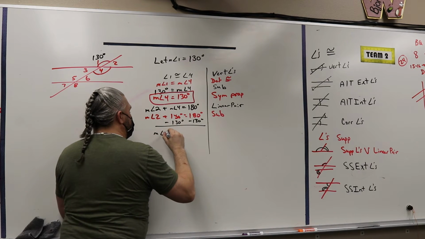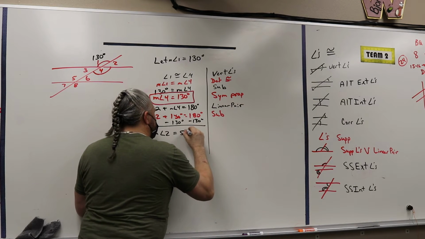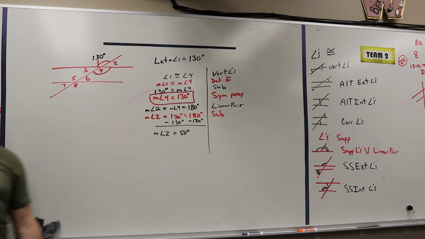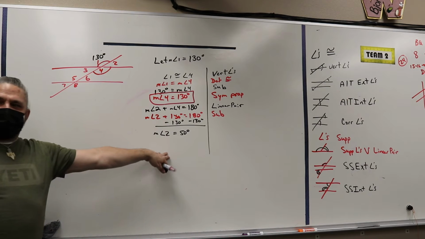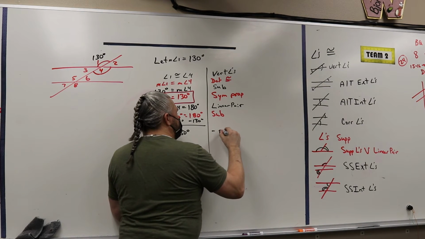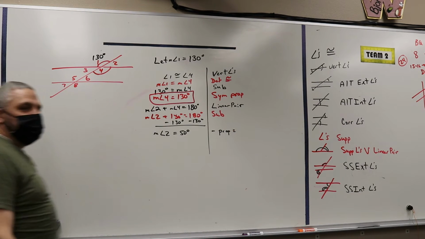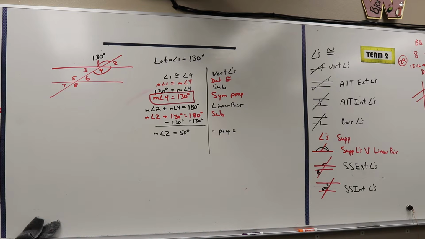The measure of angle 2 is equal to 50 degrees. Why? What property did we use? Subtraction. Subtraction property of equality. Okay? So now we know angle 2.